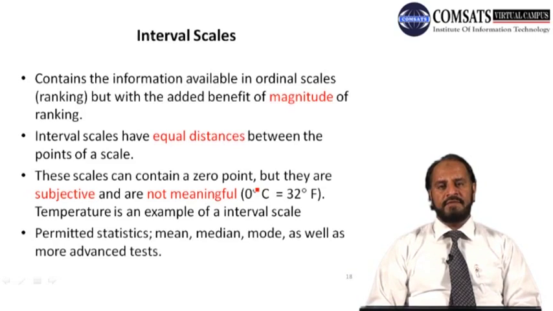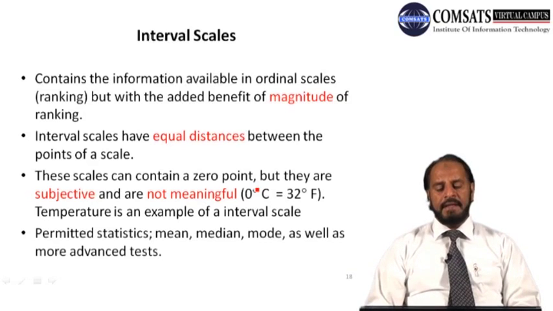Temperature is considered to be an interval scale, but it might have a 0 which is subjective, because if you compare the centigrade scale with the Fahrenheit scale, the 0 degree is subjective. It's based on what we consider as a scale, whereas in Fahrenheit, 0 means 32.